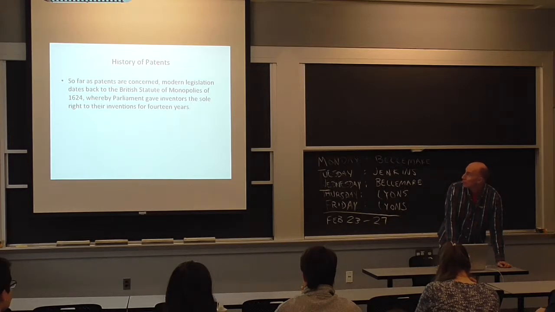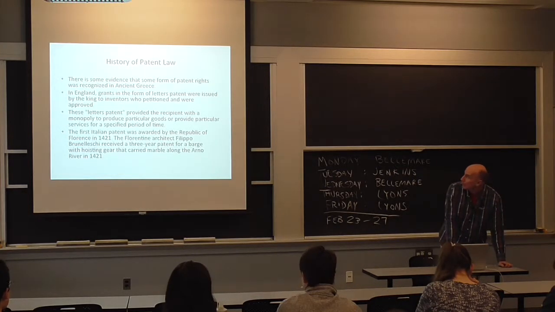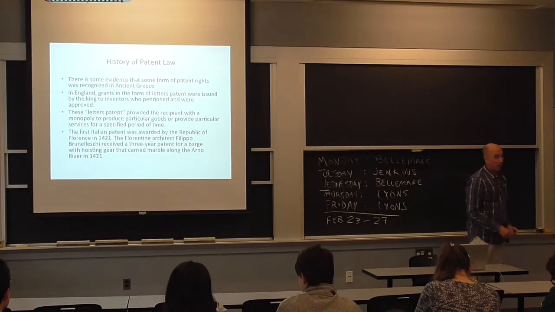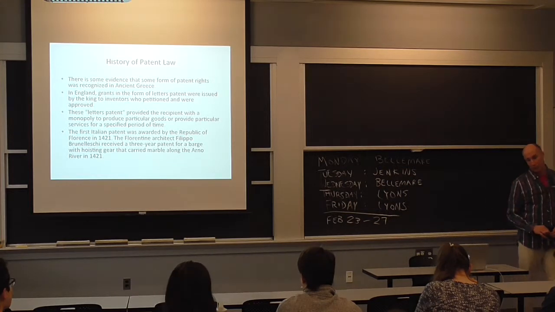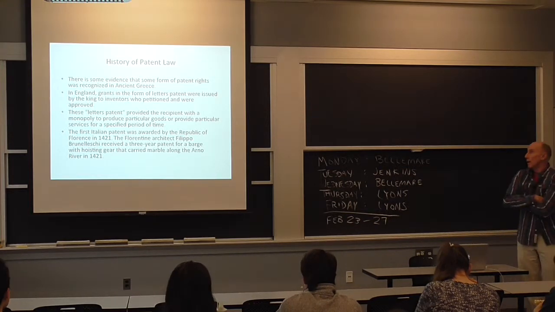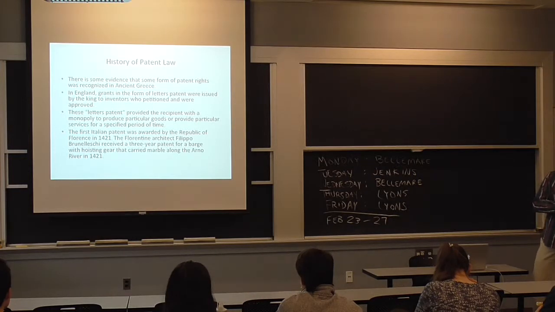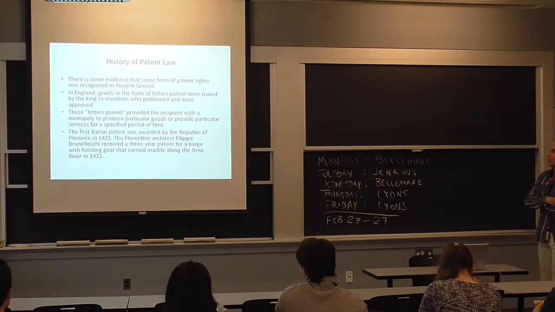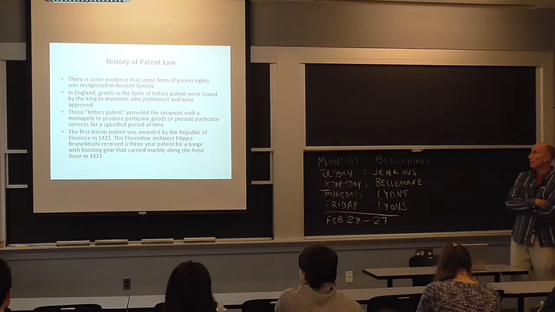So far as patents are concerned, modern legislation dates back to the British Statute of Monopolies, back in 1624, where Parliament gave inventors the sole right to their inventions for 14 years. There is some evidence, actually, that the ancient Greeks issued patents. In England, grants in the form of letters patent were issued to the king, by the king, to inventors who petitioned and were approved.